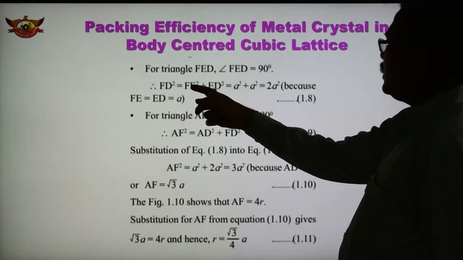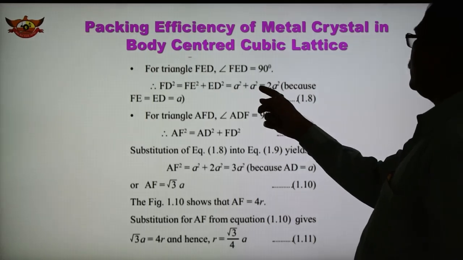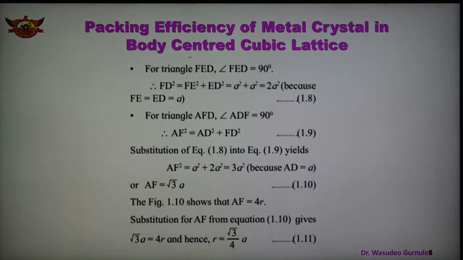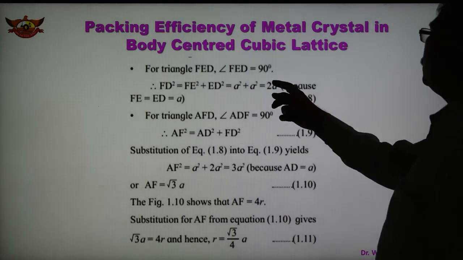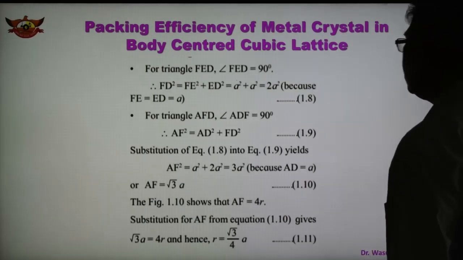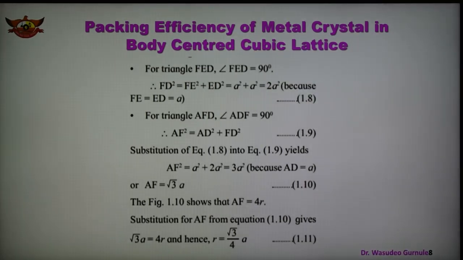So FE square is A square, and ED square is also A square. So the total is now 2A square, as shown here in the case of the body center cubic lattice.